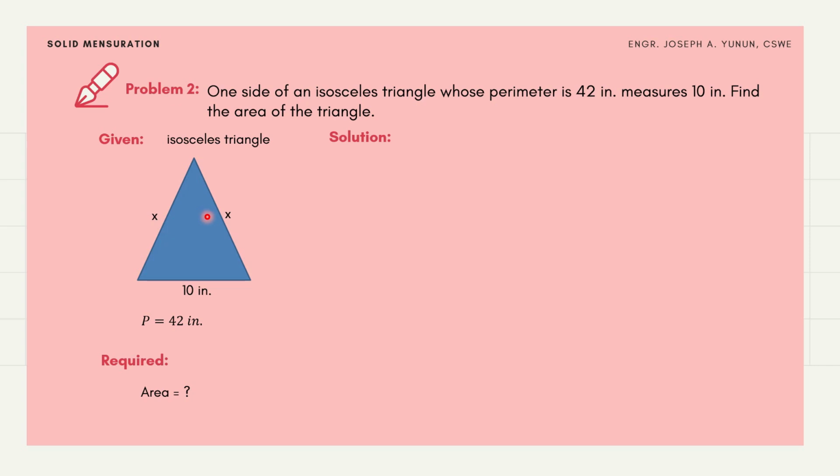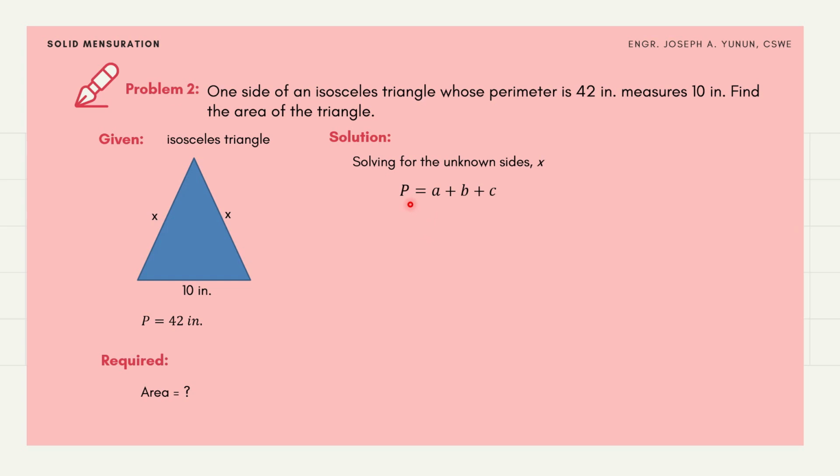Based on the given, you have this value, which is 42 inches. That is the perimeter. So to solve for the unknown sides, which are represented here as x, you can use this given 42 with the formula for perimeter.